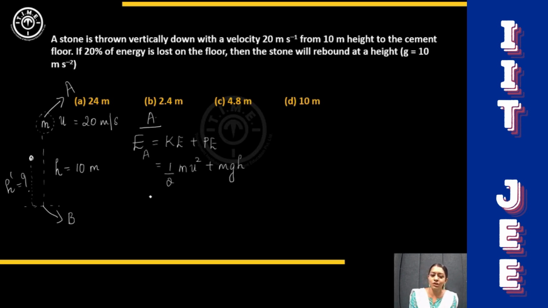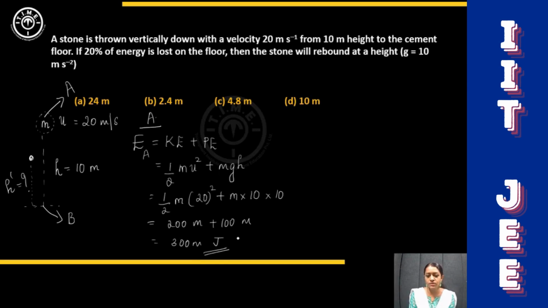Now we can substitute all the known values in this equation. We don't have the value of m, but the value of u is given as 20. So we can substitute u is equal to 20, and we can substitute the value of g as 10 and the value of h is also given as 10 meter, right? So we will get here 200 m plus 100 m, that means 300 m joule is the total energy possessed by the stone when it is at point A. Now read the remaining part of the question.